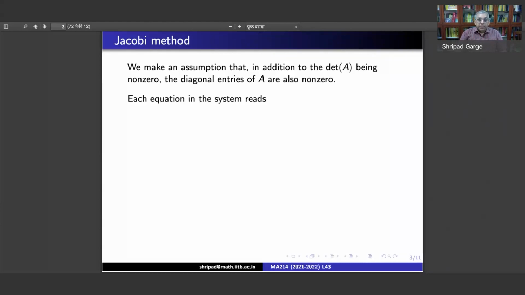If you write the equations, the ith equation in the system reads the summation of aij xj equal to bi. If you take out the xi variable, it will be aii xi equal to bi minus the summation over j, where j is different from i, of aij xj, and then you can divide by aii.